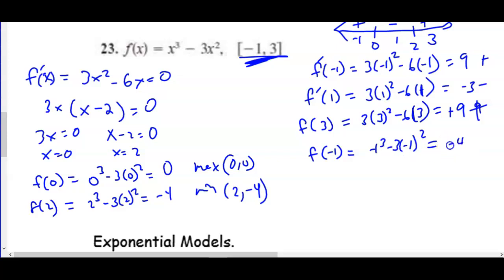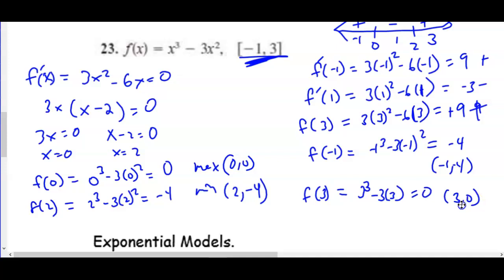So that's negative 4, which is the point (-1, -4). And we got to do f of 3, which is 3 cubed minus 3 times 3 squared. That's 27 minus 27, which is 0. So we have the point (3, 0).